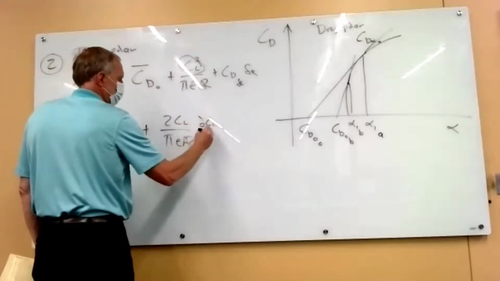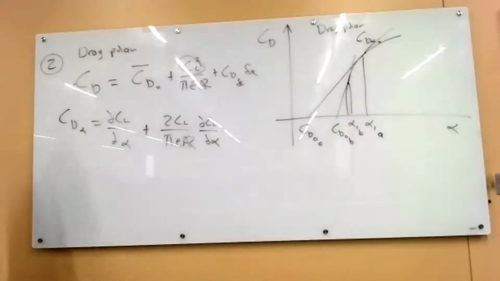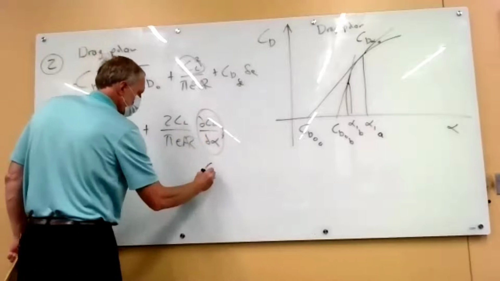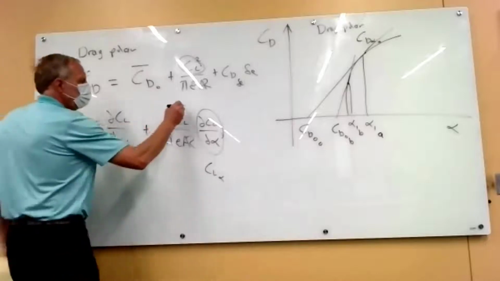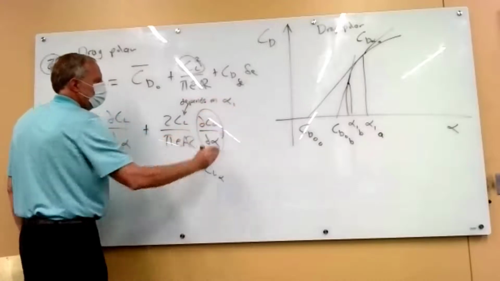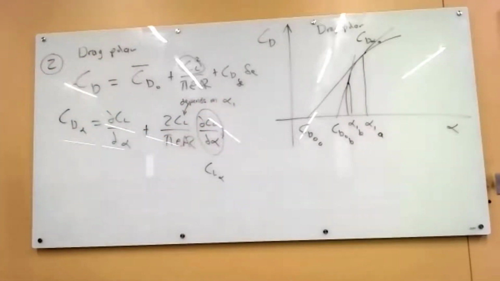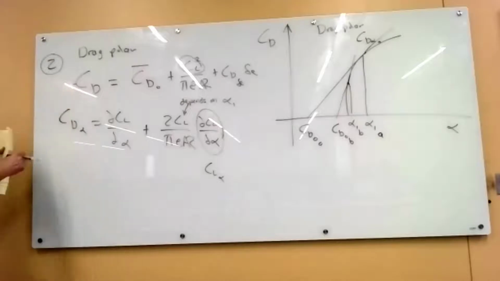So if you know the lift curve slope of your airplane, then you can match your drag polar at a certain angle of attack to match this, because CL here depends on alpha. So you stick in your CL that corresponds to the alpha, that gives you your slope, and then you can set the two equations equal to each other to get your intercept.